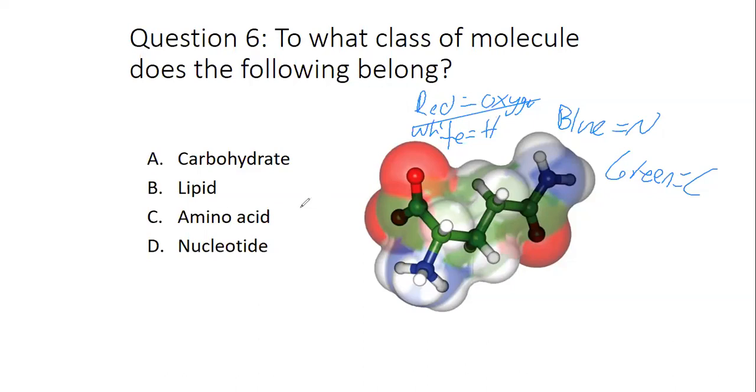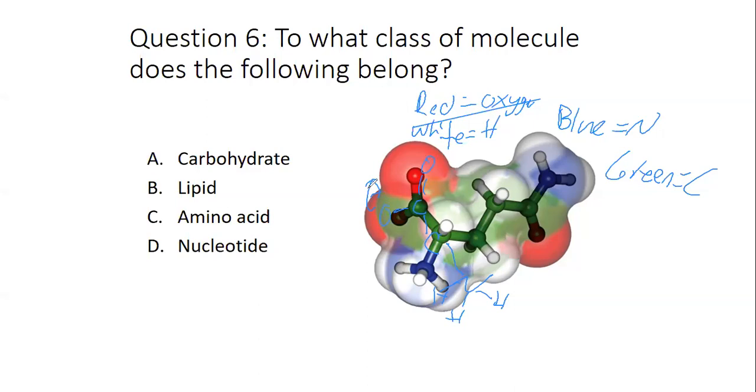Let's see what we have here. Majority of you got it. It is an amino acid. Remember what I told you to look for in an amino acid: nitrogen, hydrogen, hydrogen, hydrogen, connected to a carbon, connected to a carboxylic acid. So there's your amino backbone right there. This representation is called a ball and stick model.